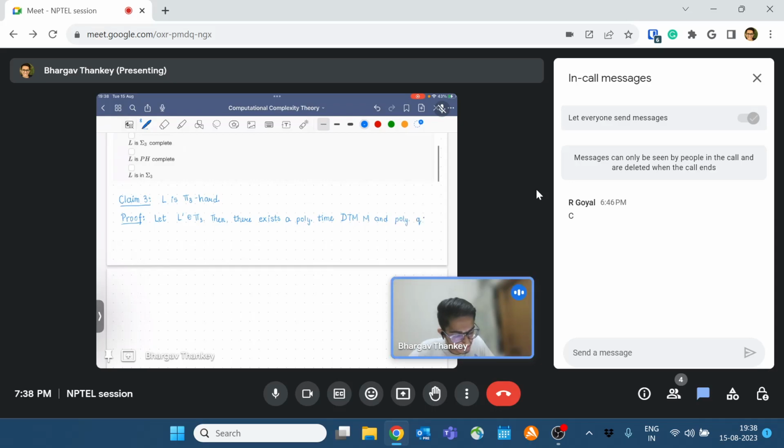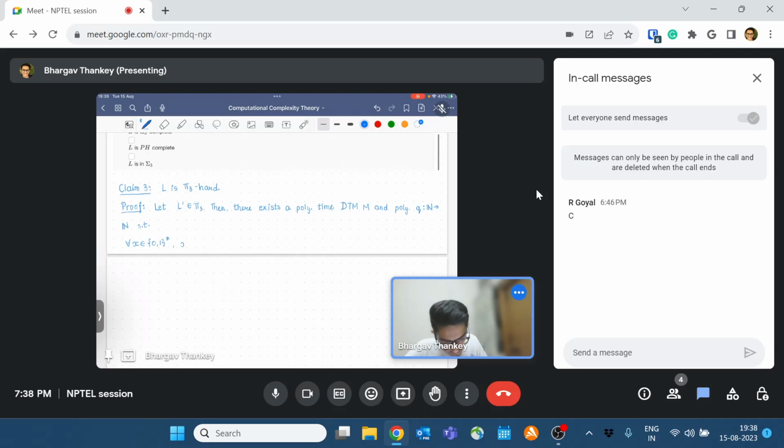Yes. So then there exists a polytime deterministic Turing machine M and a polynomial Q from n to n such that for all x, x is in L prime if and only if for all U1 in {0,1}^Q(|x|) there exists U2 for all U3, M(x, U1, U2, U3) equals 1.